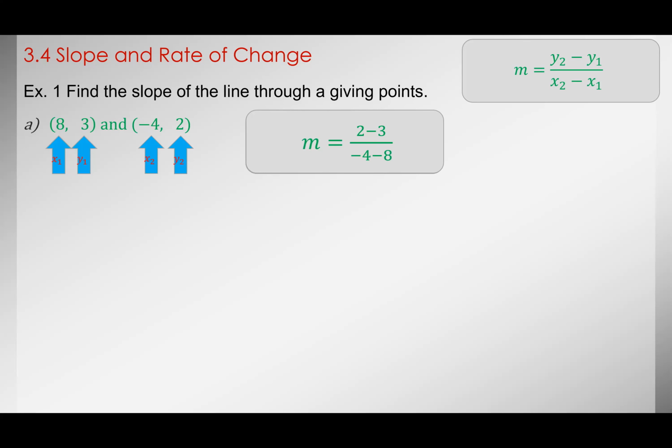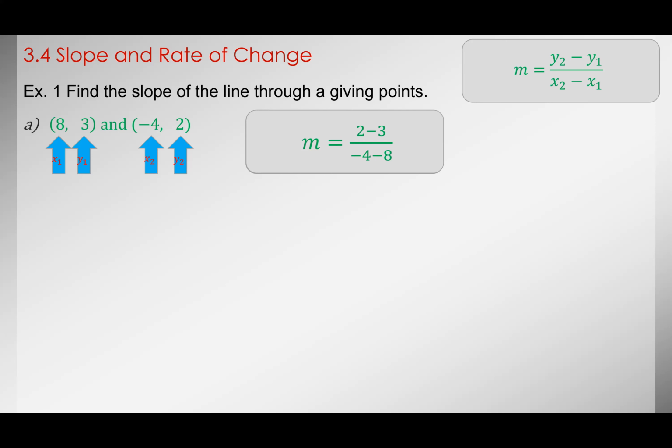So everybody see where my x1, y1 versus x2, y2 are? And reminder, your x will always be your denominator and your y will always be your numerator. The change in y over the change in x.